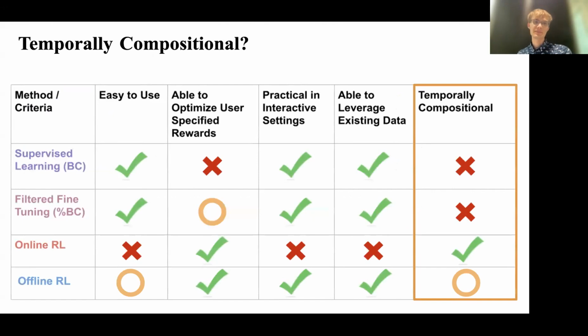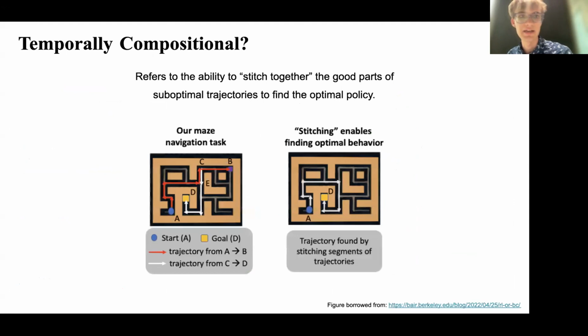Now, the last big condition is temporal compositionality. This is an offline RL technical term, which refers to the ability of a utility optimization method to stitch together the good parts of suboptimal trajectories to find the optimal policy. So suppose you're in a maze setting and your data set has two trajectories. This is a simplification, but a good example.